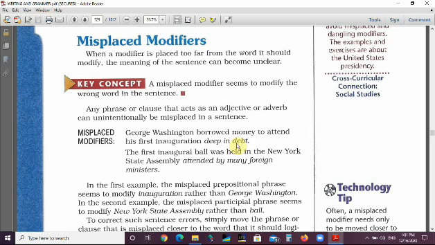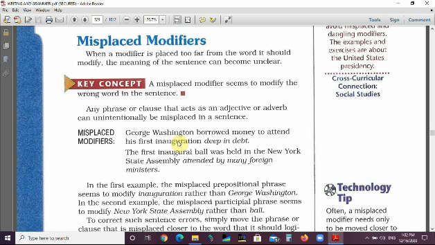Deep in debt, this is a phrase. It modifies George Washington. But here it's put very far away from George Washington, which makes us understand that it modified the word inauguration. An inauguration, you know, is when a new president becomes president formally or officially.